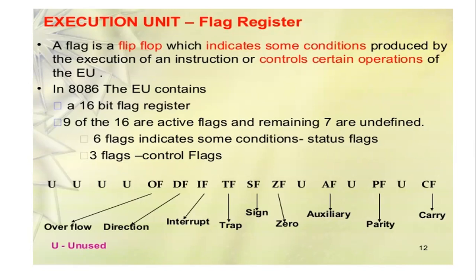If the ones are odd in number, then the parity flag will be reset. That means when you are getting even number of ones, then the parity flag will be in set mode or else it will be in reset mode.